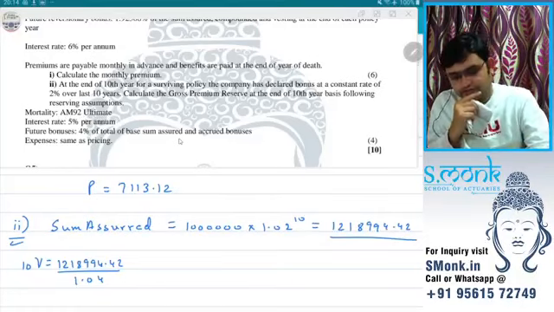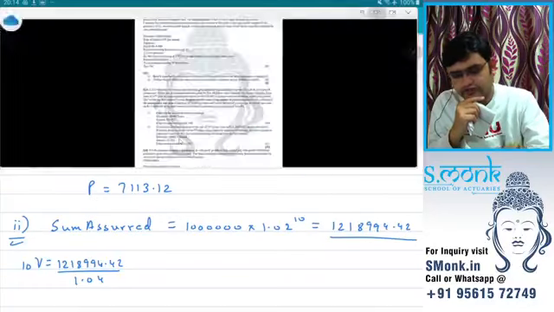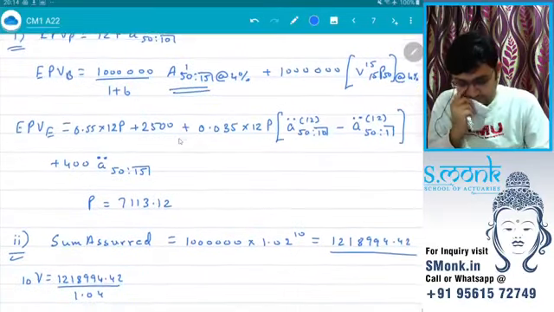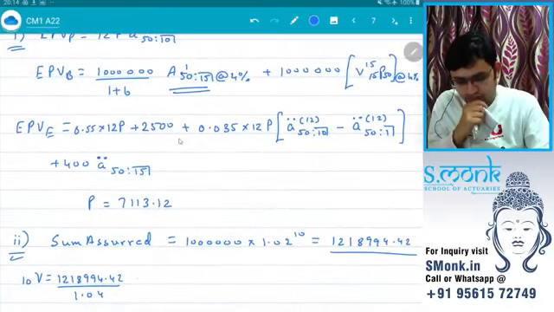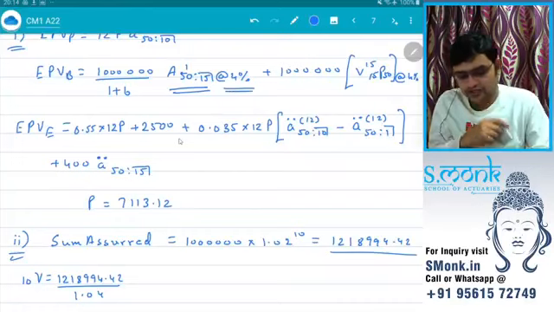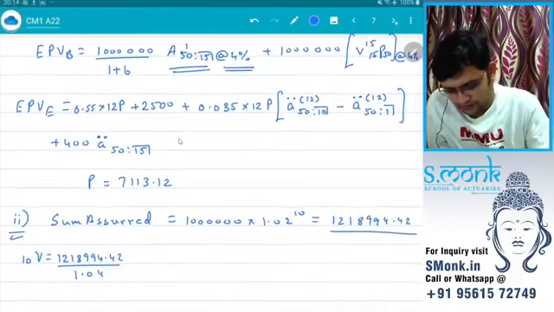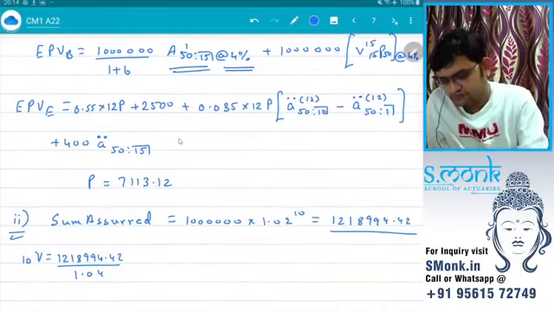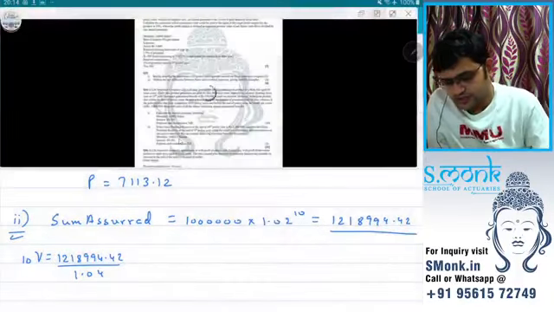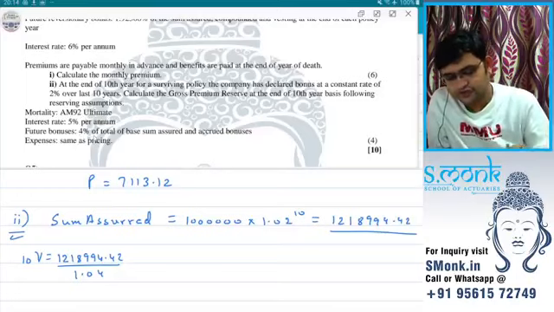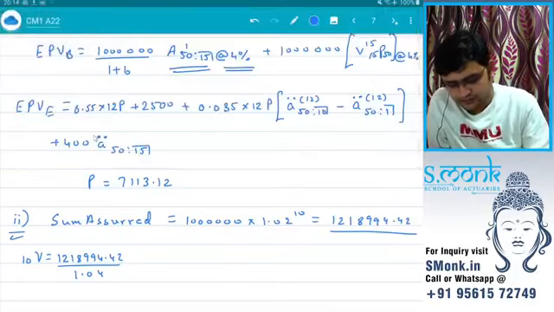Death benefit on death: 10 years have already passed. Now the rate of interest will not be 4%, because the rate of interest is 5% and future bonuses are 4%. So I cannot directly write it that way.